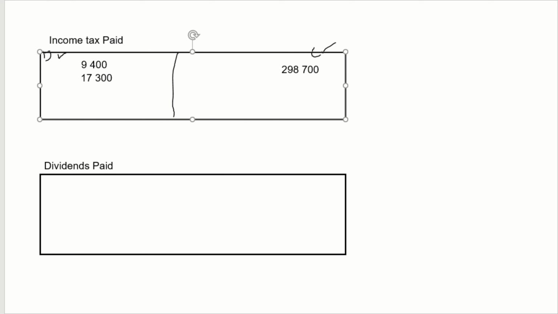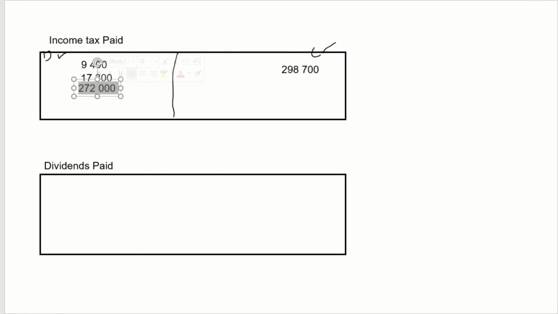Now, after taking the credit side and subtracting the debit side, we're going to find our amount as 272,000. That means for the year 2017, we paid tax of 272,000. This is the provisional tax payment.